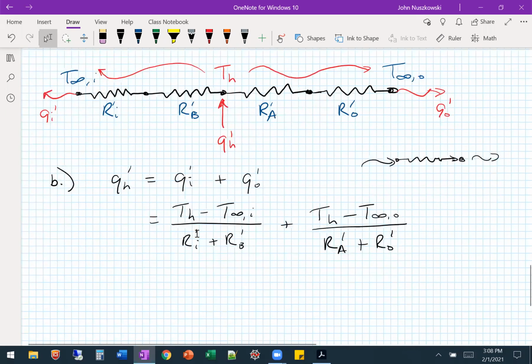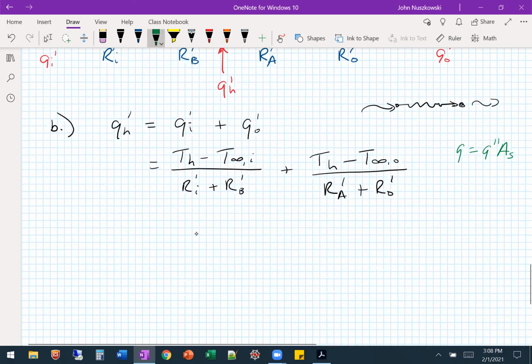If you're thinking about it, heat is heat flux times your surface area, right? We were given heat flux, and surface area would be 2 pi r outer times your length.